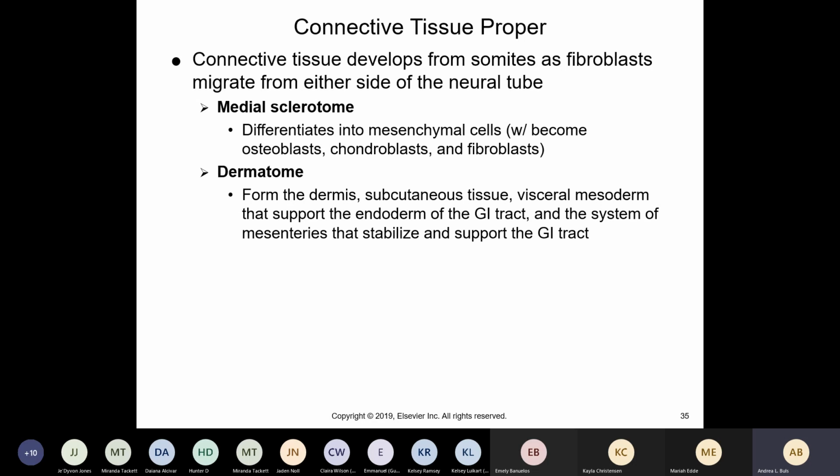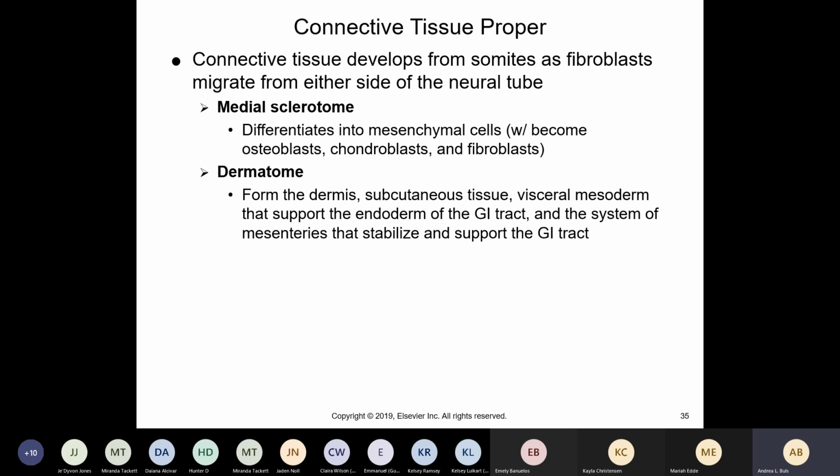I'm confusing myself. Fibroblasts are connective tissue. Chondroblasts are cartilage, I believe. But the medial sclerotome differentiates into these cells that create the osteoblasts, chondroblasts, and fibroblasts.